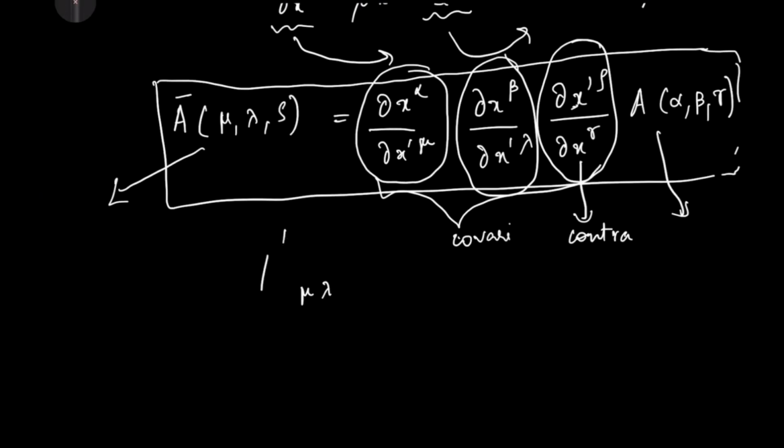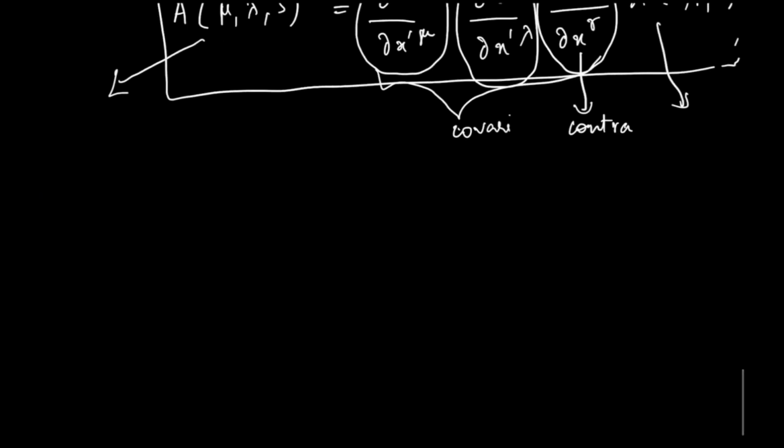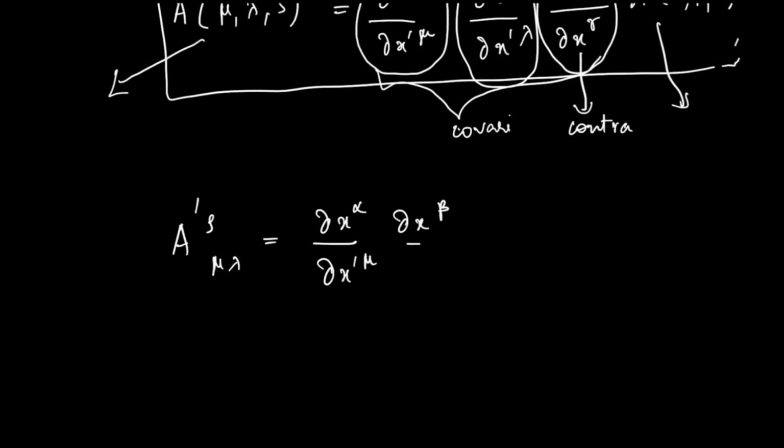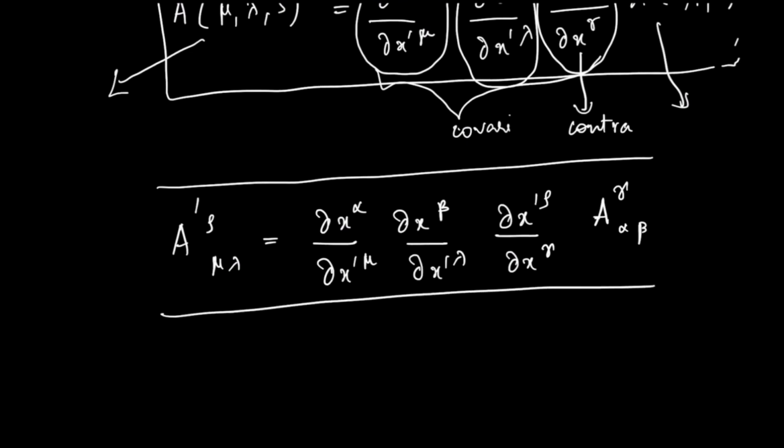I can write A prime rho mu lambda is equal to partial derivative of x alpha with respect to x prime mu, partial derivative of x beta with respect to x prime lambda, partial derivative of x prime rho with respect to x gamma, and A gamma alpha beta. Okay, so this is how we get it.